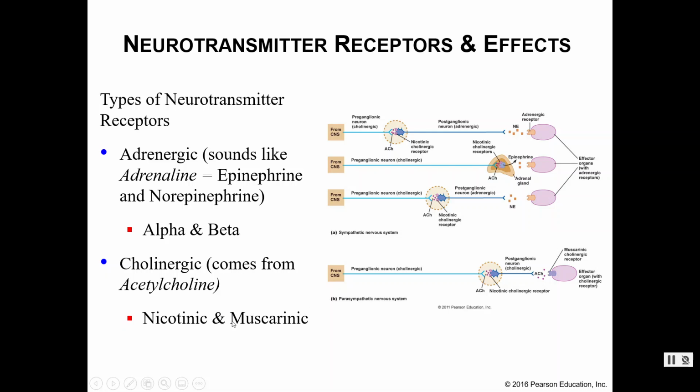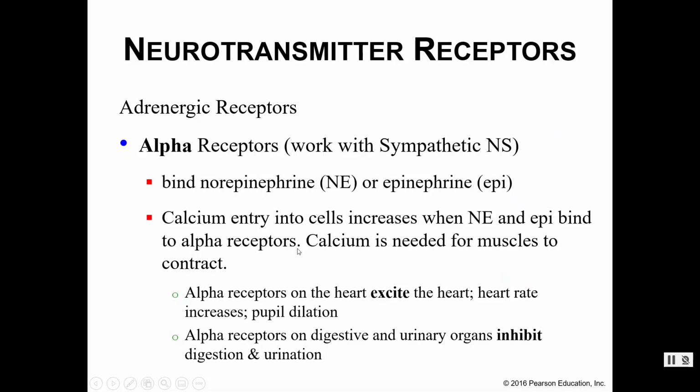I know. I need some flashcards here, y'all. Okie dokie. Alpha adrenergic receptors. These work with your sympathetic nervous system. These can bind to epinephrine or norepinephrine. When epinephrine or norepinephrine binds, it causes calcium to enter into the cells.